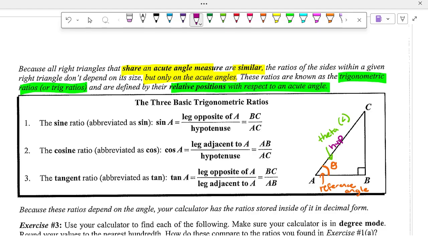Remember, opposite means it's across from the angle, adjacent means it's next to it. So which side is my opposite? Nope. BC is your opposite. It's directly across from the angle, not next to it. The adjacent side is AB because it's next to it. Theta just represents an angle. It's the mathematical common variable for an unknown angle measure.